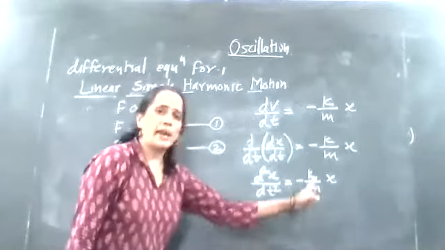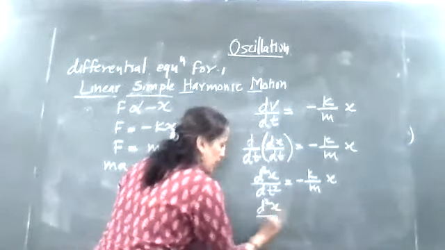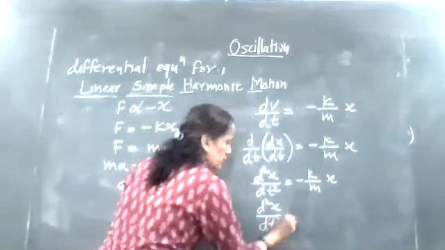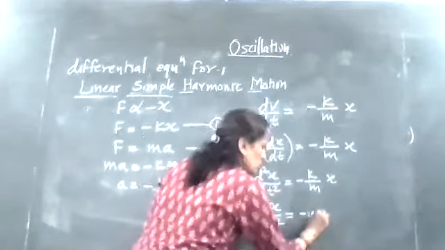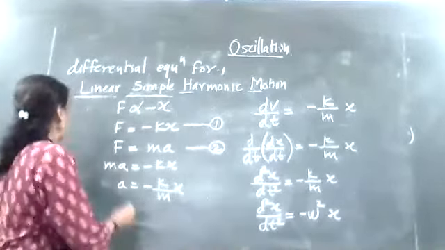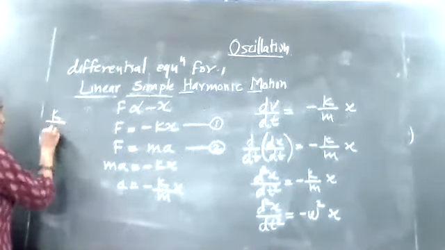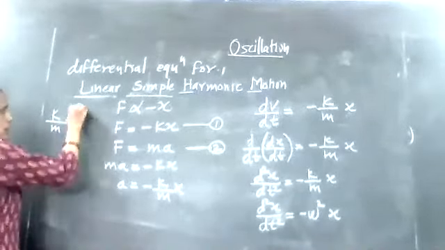Instead of this k by m, I can put a constant: d square x by dt square is equal to minus omega square x. That means for k by m, we have assumed the substitution of omega square.